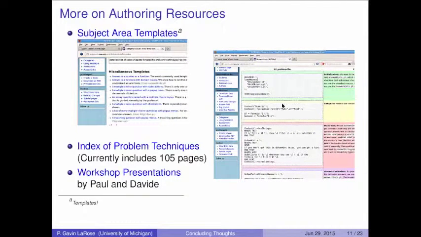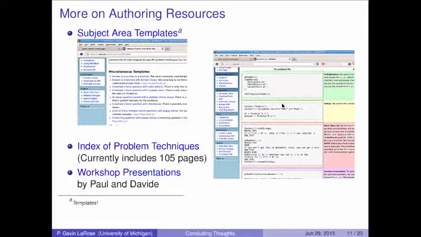Okay, this is now where I am almost going to break out of the PDF. We've said there are all of these resources, and if you do a Google search, you'll find them. The two primary resources that I use are the subject area templates and the index of problem techniques.